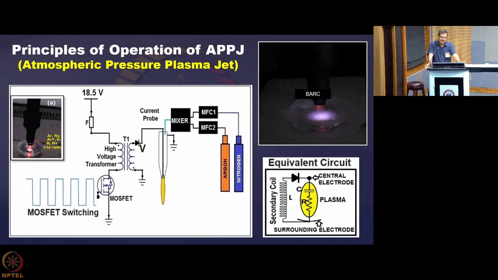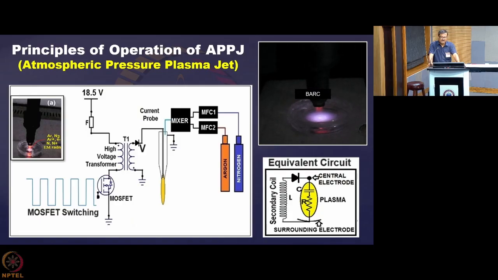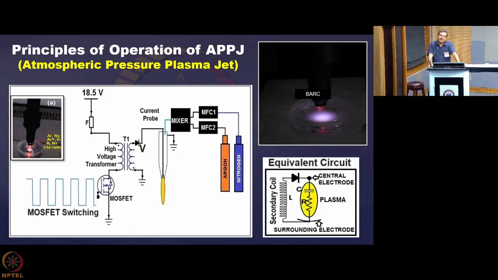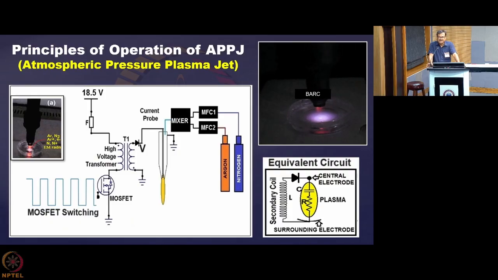If you are going to operate a glow discharge plasma, you require so many accessories, and that consumes a lot of energy while you are making the plasma. But here you are using a power less than a watt in most of the cases. So power wise or energy efficiency wise, they are very efficient plasmas that you are generating here.